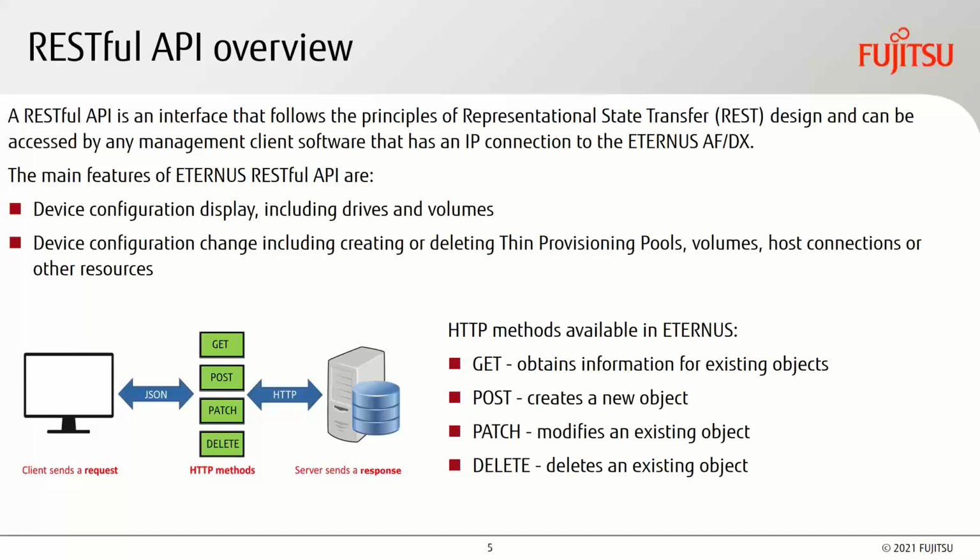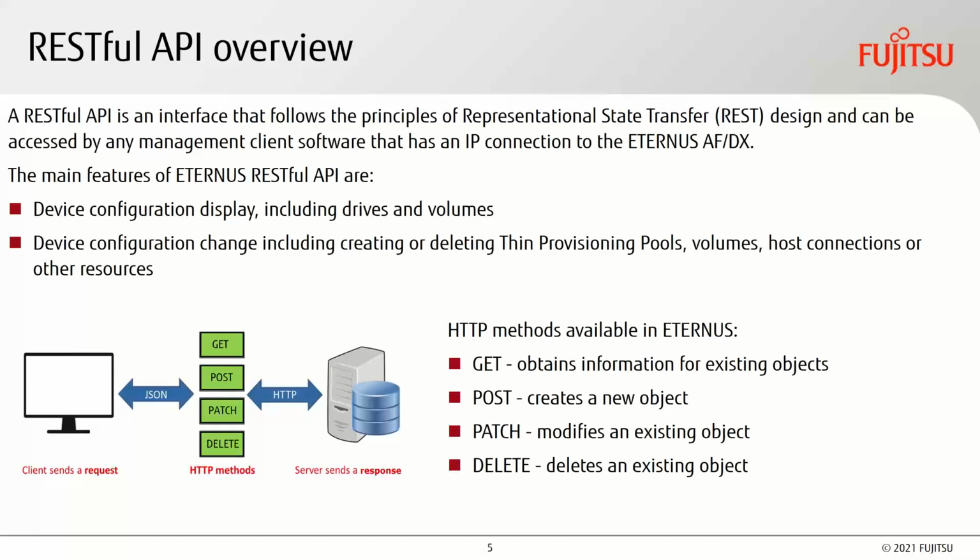The GET method will allow us to get information from the storage regarding certain components. The POST method will allow us to create new objects on the storage. PATCH will allow us to modify objects, and DELETE, as you probably assume correctly, will enable us to delete the selected objects.